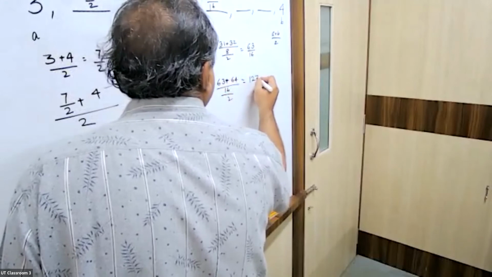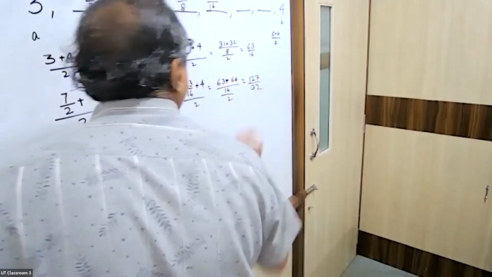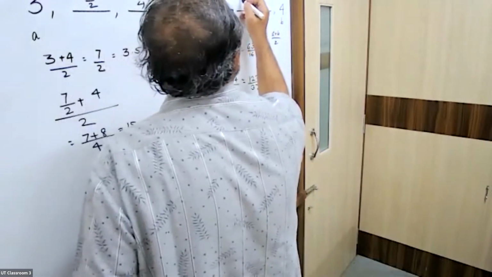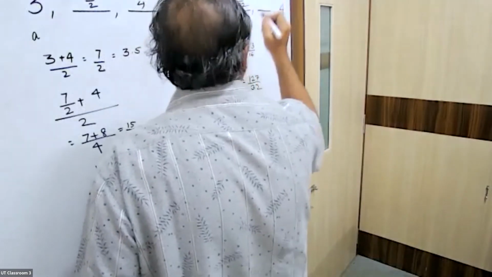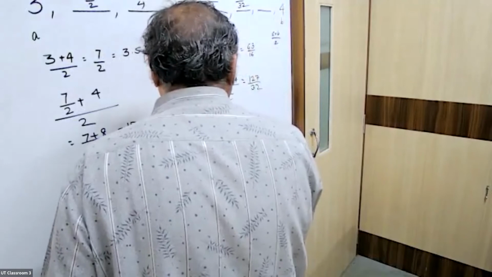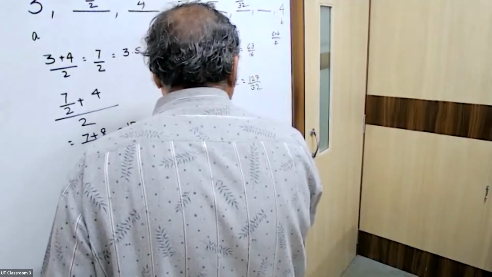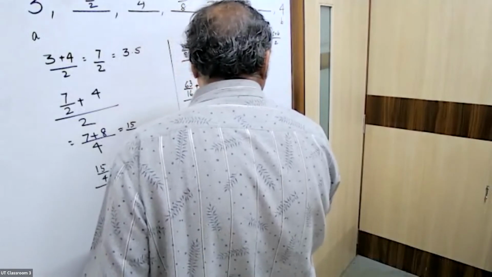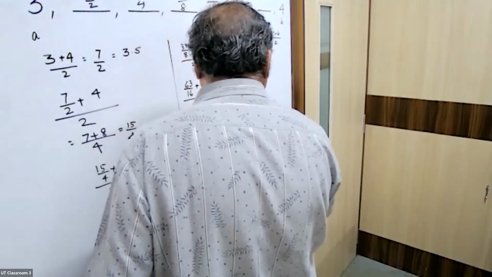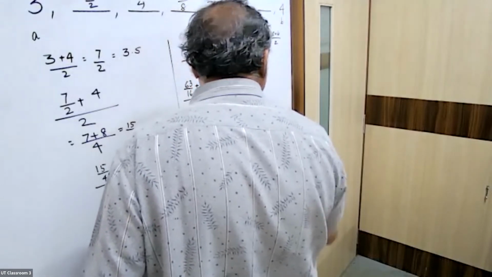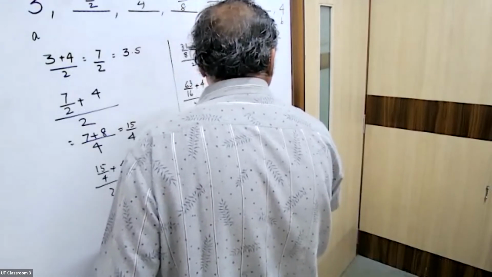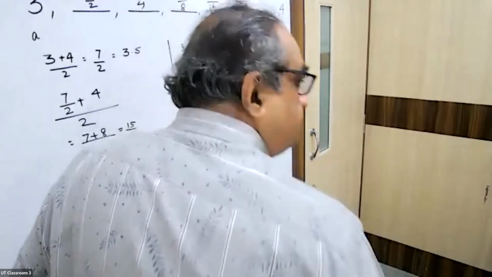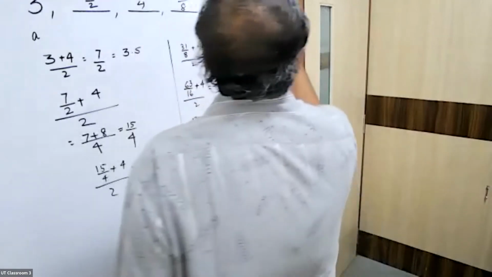That is 127 by 32. So I write this, 127 by 32. 127 by 32 plus 4 by 2. That is 127 plus 128 by 32 by 2. That is 255 by 64. So this is what you have done.